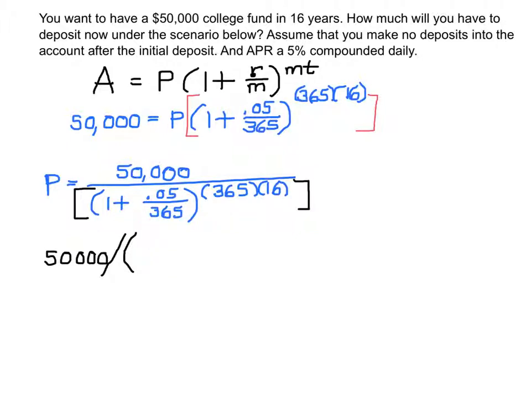So I would say 1 plus, and I'm going to put a parenthesis around the fraction to group it together, 0.05 divided by 365, and I'm going to close that parenthesis, okay? By closing that parenthesis, these two parentheses go together. This represents my fraction.